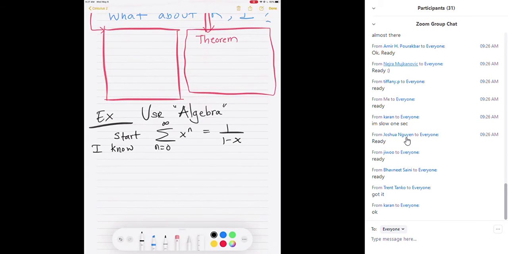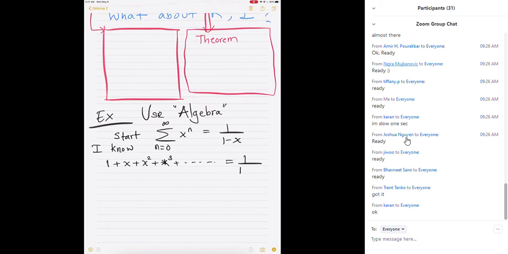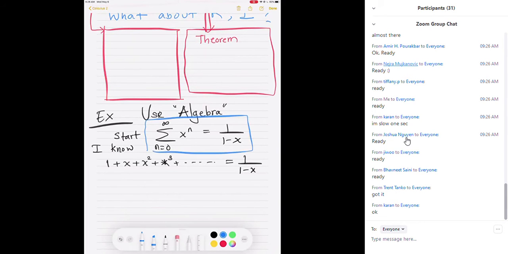At this point, just for this example, I'm going to start writing it this way. I'm going to remind you again that this is true for -1 less than x less than 1. If it is for others, it's not true.